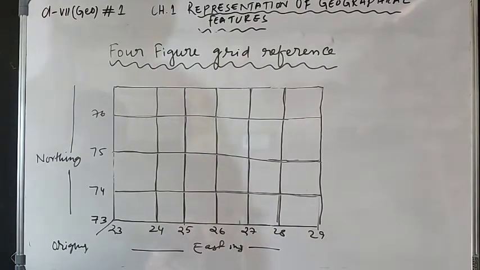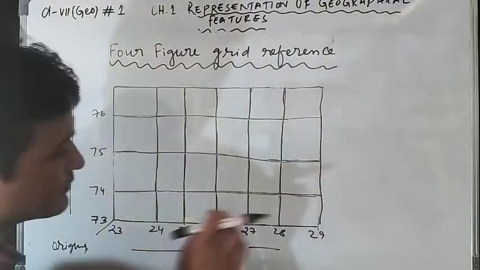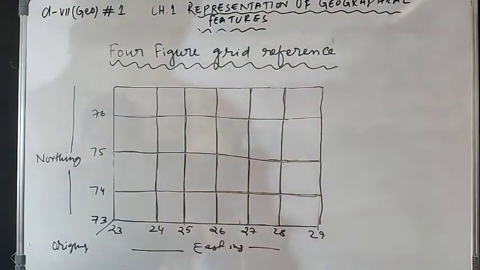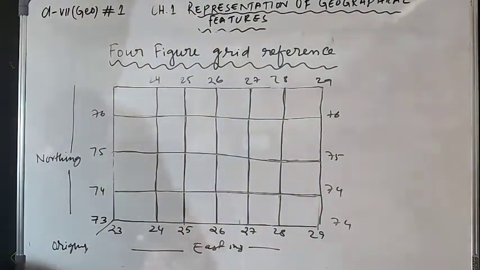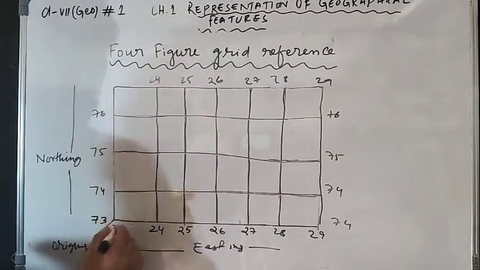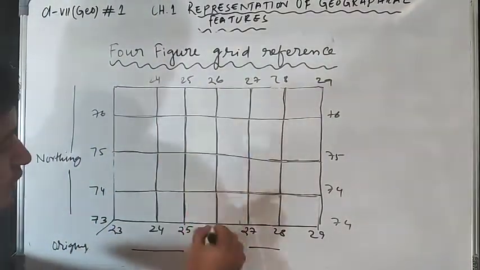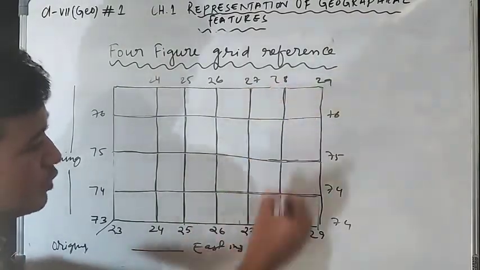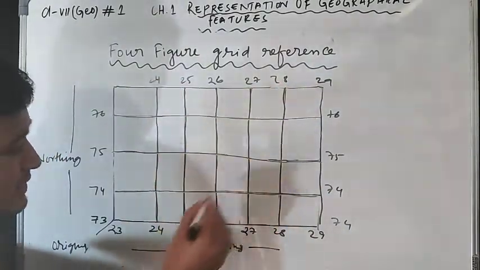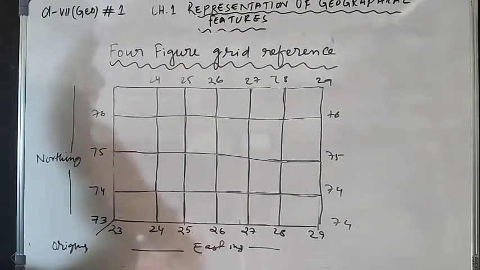Now how to find a 4-figure grid reference? Now I am going to tell you. So carefully look here. Now you see all these vertical lines 24, 25, 26, 27, 28 are called easting. What? Easting.